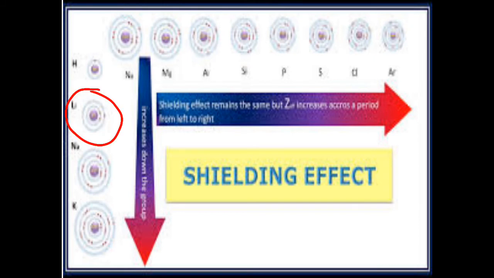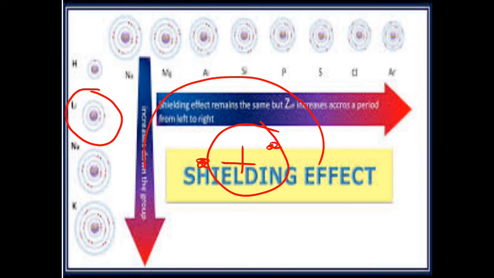Lithium has 3 electrons but in 2 shells now. What about the electron which is present in the outermost shell? If I draw the structure a bit bigger, this is the nucleus, this is the first electron, and the second shell has 1 electron. As the electron is attracted by the nucleus, this inner electron will repel the outer electron outwards. So here the shielding effect is increasing.